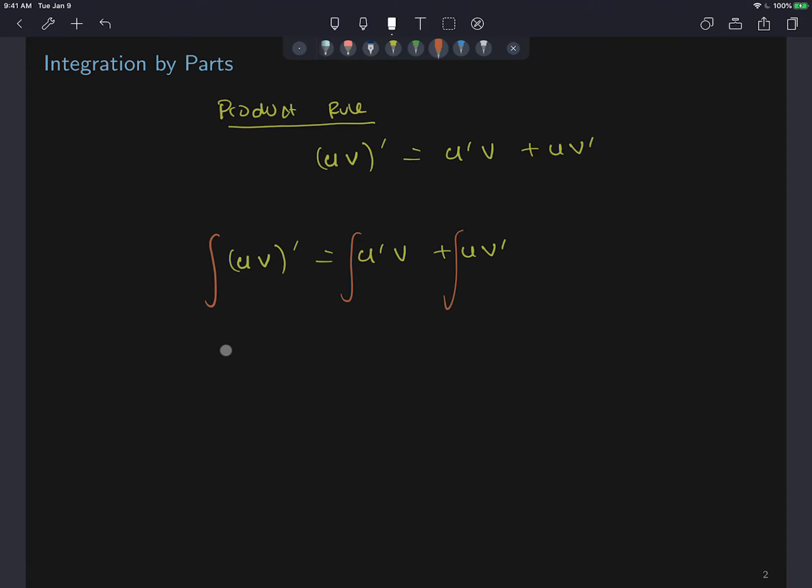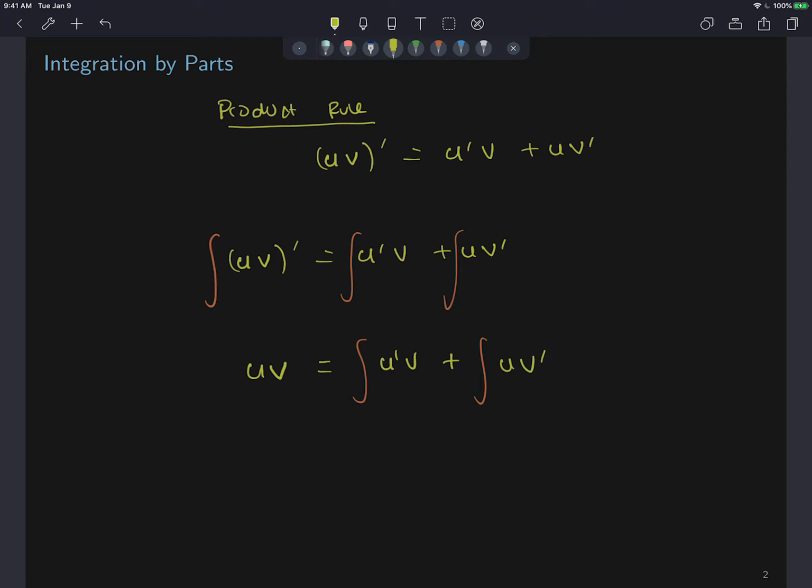So that means that this cancels out, and I really just get uv. On this side, I have the antiderivative of u prime v, plus the antiderivative of uv prime. I'm using the word antiderivative for integral interchangeably.